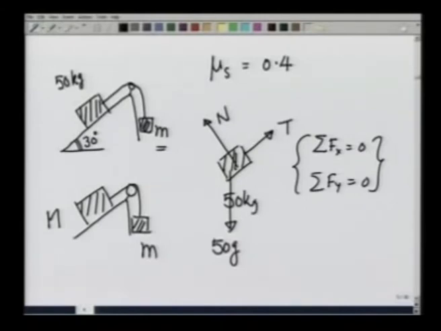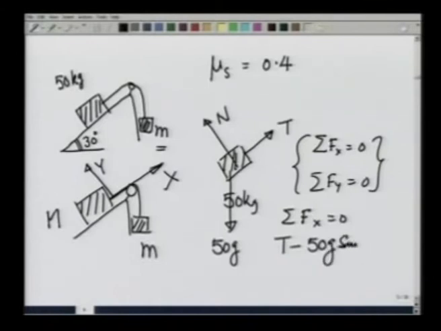Let us for convenience take our x axis to be in this direction and y axis to be in this direction. Then summation Fx equal to 0 gives me T minus 50 G sine of 30 is equal to 0.